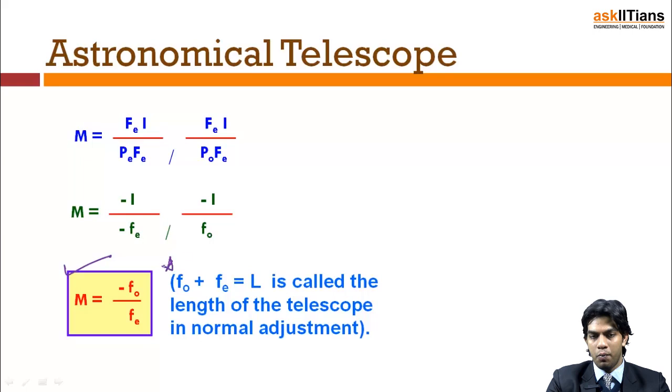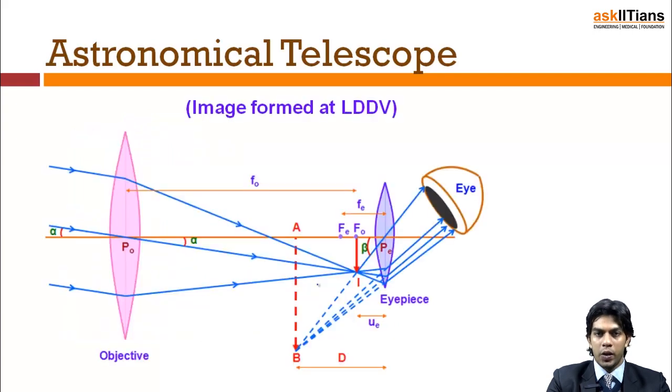And this is a very important condition for the working of a telescope: the focal length of the objective lens plus the focal length of the eyepiece has to be equal to the length of the telescope. This is a very important point, so please keep that in mind whenever you work out any problems regarding the astronomical telescope.